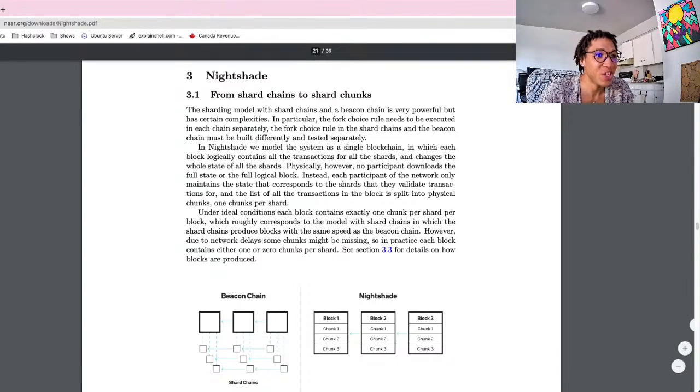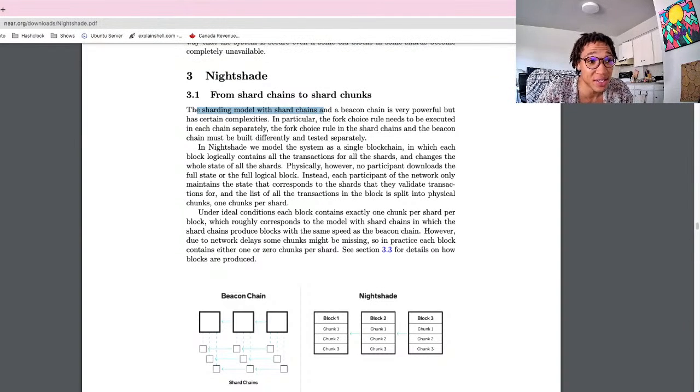So, chapter 3, Nightshade. 3.1 From shard chains to shard chunks. The sharding model with shard chains and a beacon chain is very powerful, but has certain complexities. In particular, the fork choice rule needs to be executed in each chain separately.